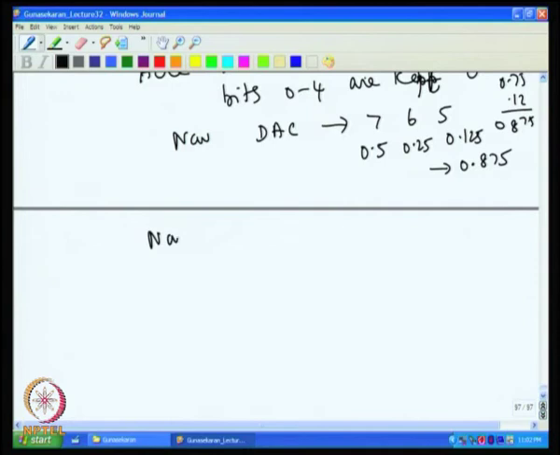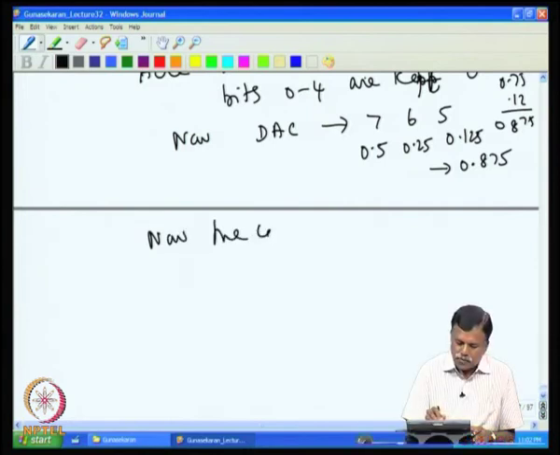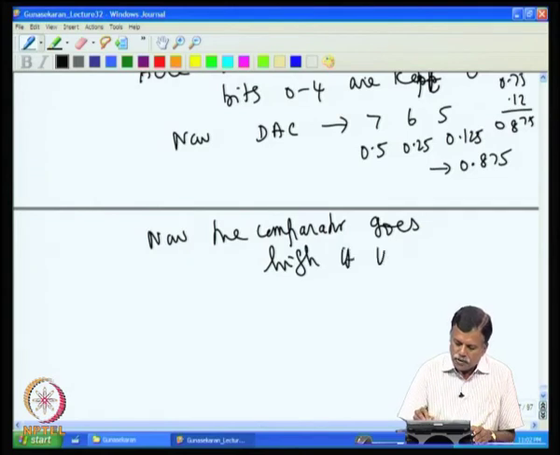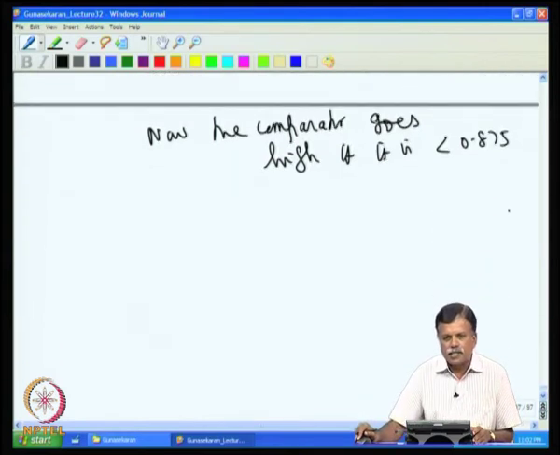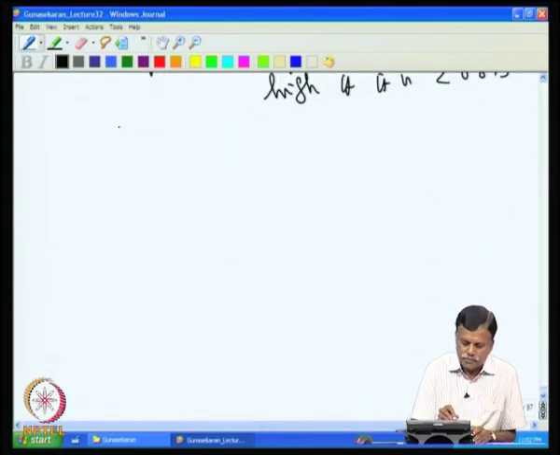Now the comparator response: the comparator goes high if the input is lower than 0.875. So like this the trials are made. 8 trials are made.